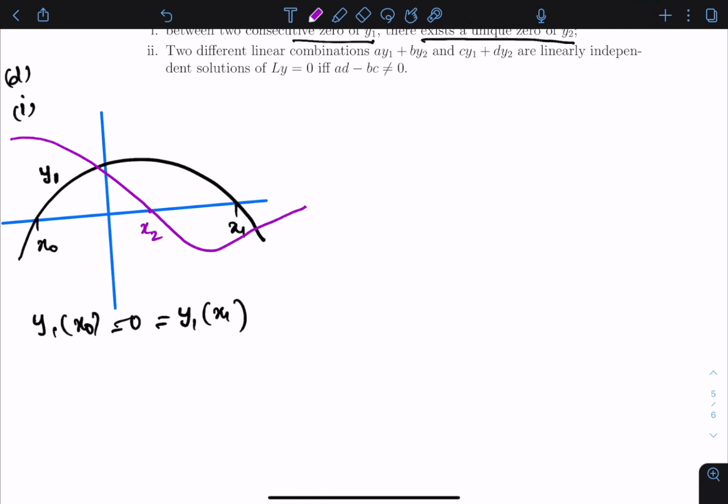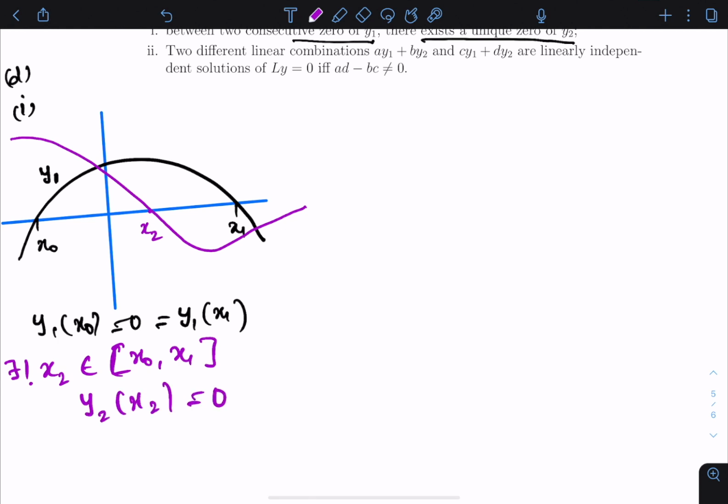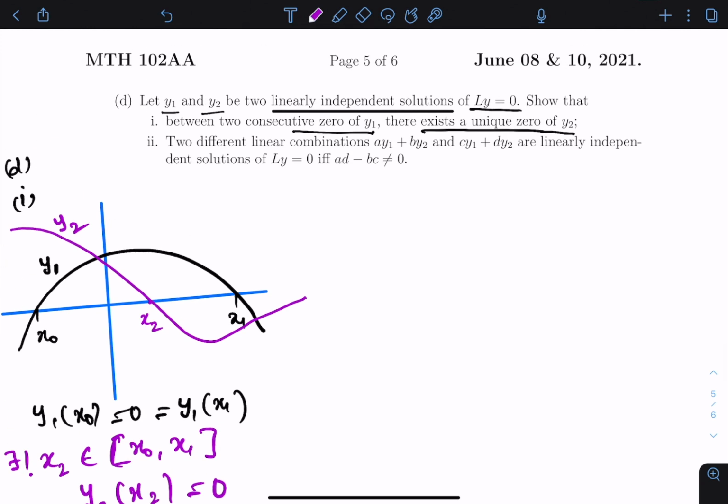So there is a point x2 in between x0 and x1, and there's exactly one, a unique point x2 between x0 and x1, such that y2 of x2 is 0. Let's say this is y2. And that is what this is telling you.